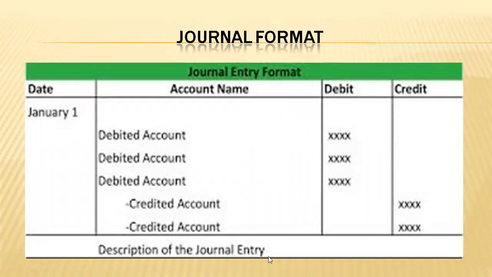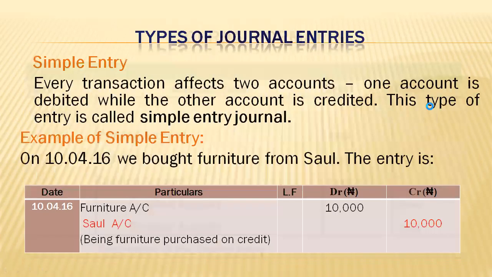For example, if we have bought a motor vehicle on credit, we are going to describe it here as motor vehicle bought on credit. If we have made purchases on credit, it's going to be purchases made on credit. So whatever transaction we've put up, we have to state exactly what the transaction is meant for.